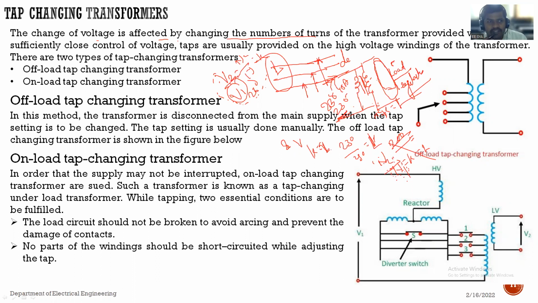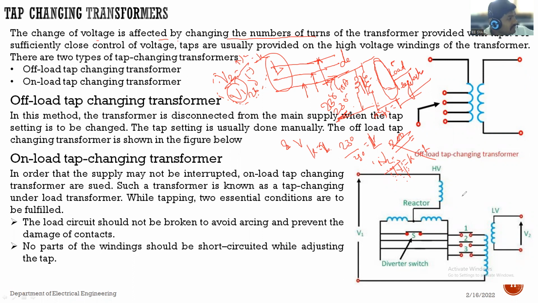Okay, now see, the change of voltage can be affected by changing the number of turns of the transformer provided with some taps. So see how the number of turns of this winding can be changed.